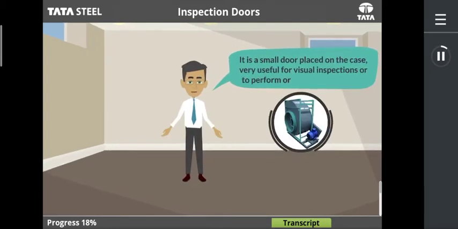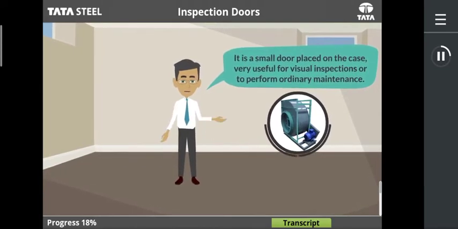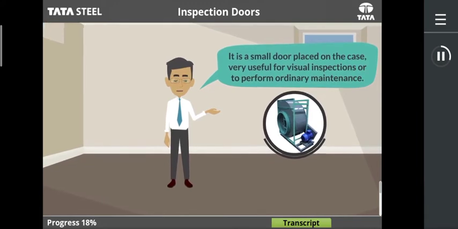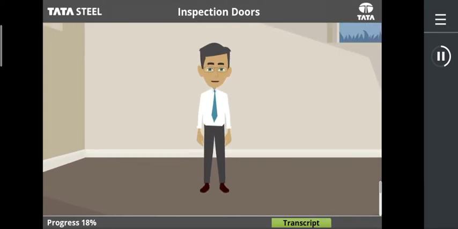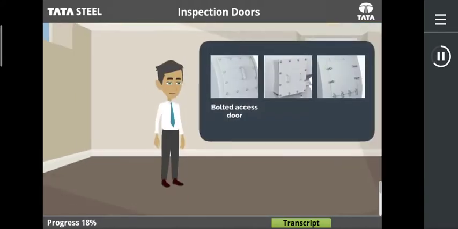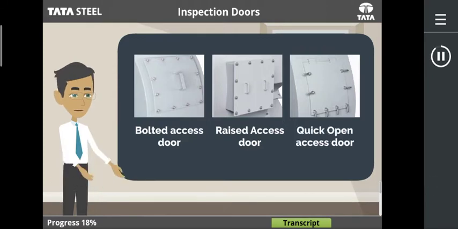It is a small door placed on the case, very useful for visual inspections or to perform ordinary maintenance. The inspection door can be of different types depending upon construction, namely 1. Bolted access door, 2. Raised access door, 3. Quick open access door.